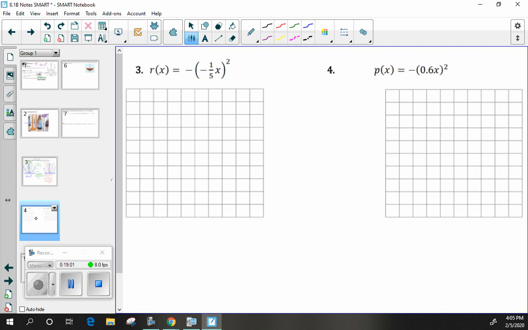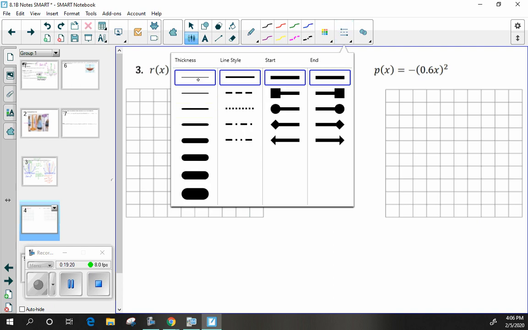Because that 1/5 gets squared and becomes positive, but then we have a negative on the outside, which tells us that we're going to open this graph downward. So let's draw our parent function. And because we know our parent function is going to open upwards, because remember our parent function is f of x.